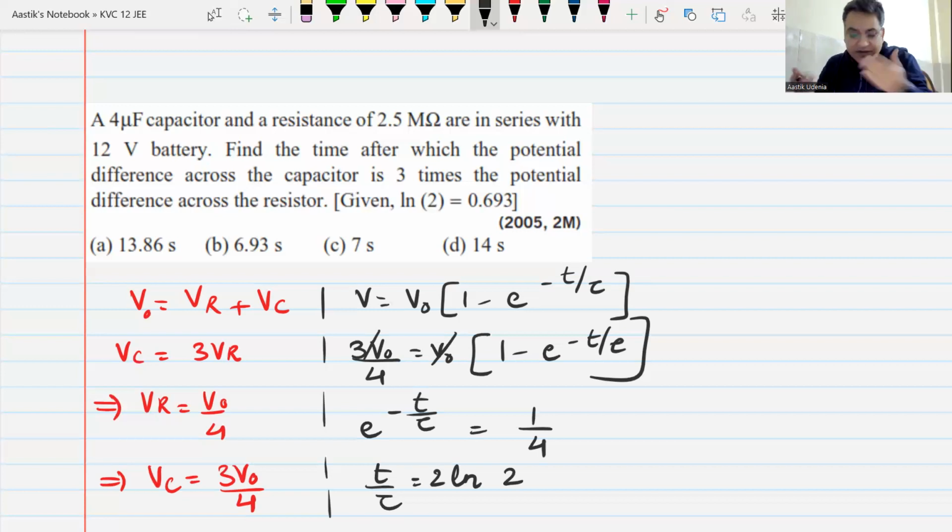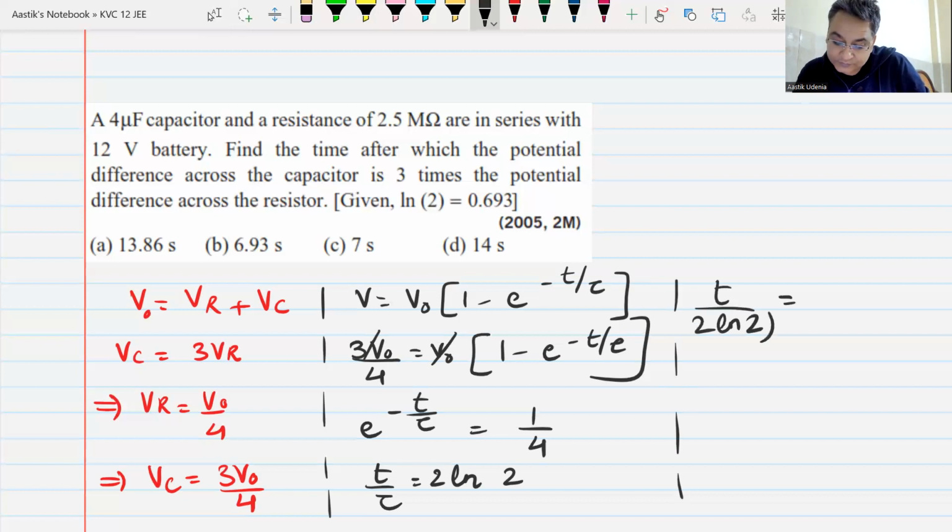That's it, sir. From here, you can very well find out t by 2 ln 2 is equal to RC. Oh, RC is given to you. You just have to find t. Sorry, I was finding out RC. So your t will be equal to RC multiplied by 2 ln 2.